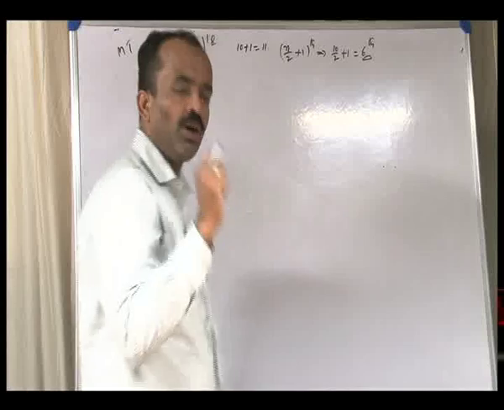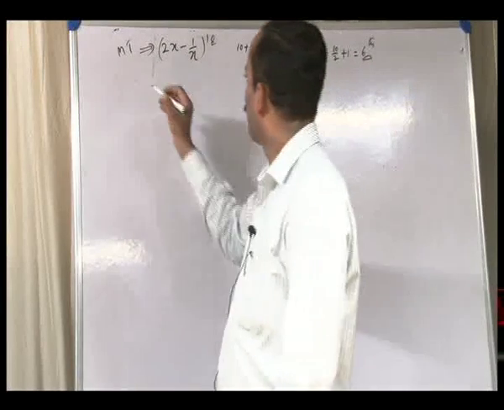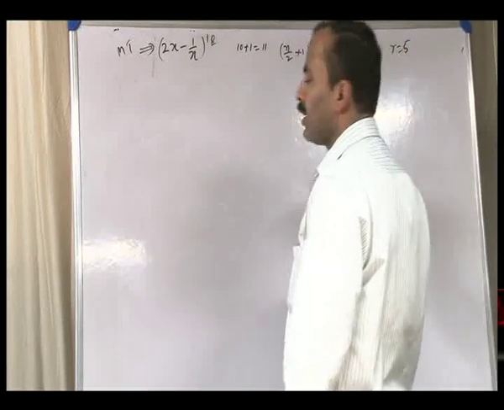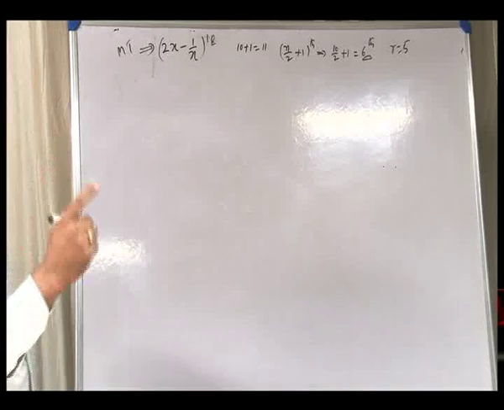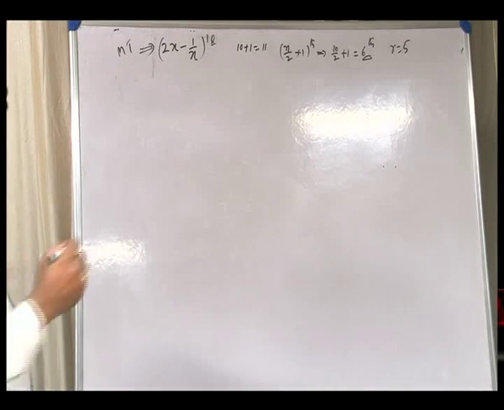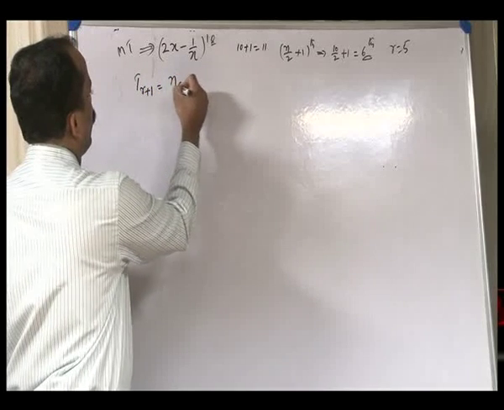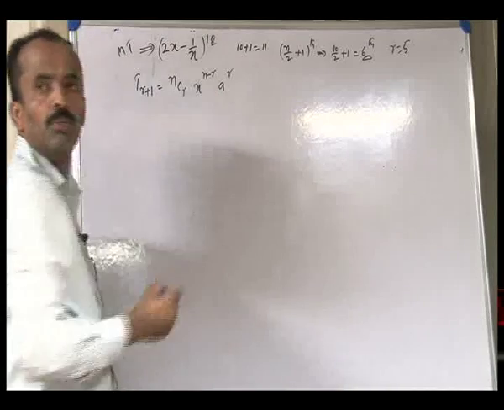For the 6th term, what is the r value? The r value is, as in the previous one, 5. So, for this particular case, r is equal to 5. Now, we have to find the 6th term in the expansion. Write the general term, T(r+1) is equal to nCr x to the power of n minus r into a to the power of r.